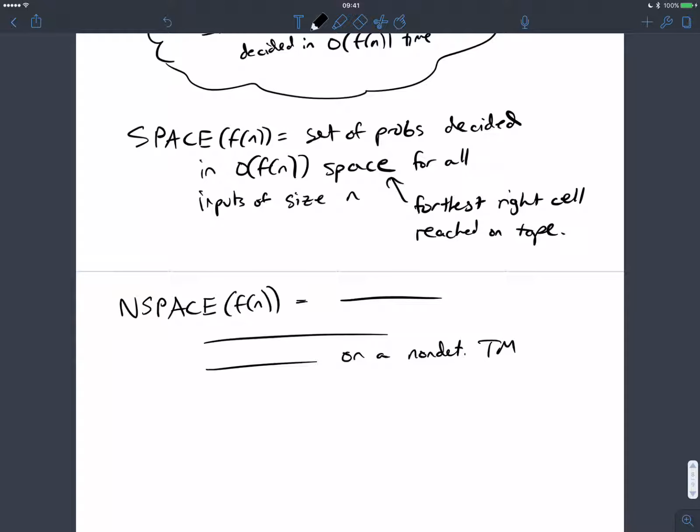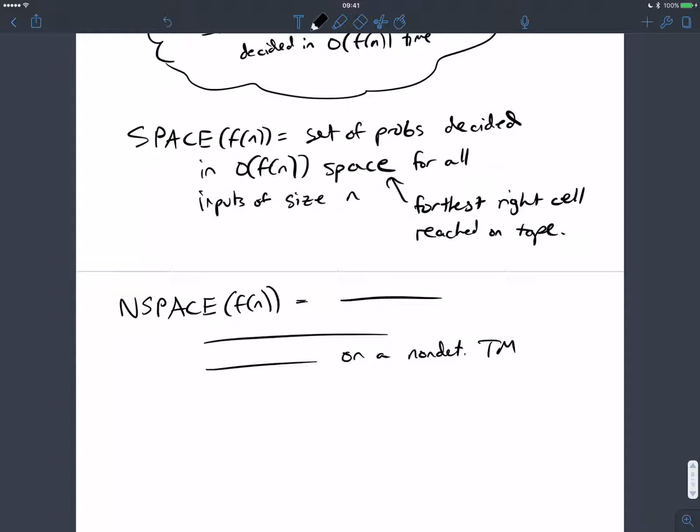For example, all regular languages are in SPACE n, because it's actually better than that. We can definitely just store the input and then scan across the input. We don't need any more space than what's provided by the input. So therefore, all regular languages are in SPACE n. They're also in TIME n, obviously, but they belong to SPACE n.